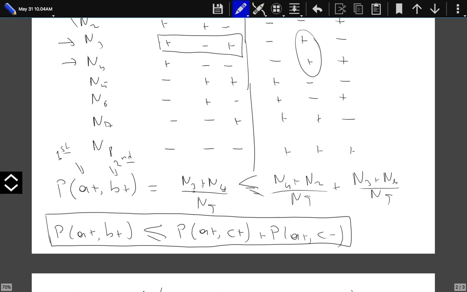Okay. Now this is the final thing I have. Again, I repeat, the first A plus is the outcome of the measurement of the first particle, B plus is the outcome of the second particle.